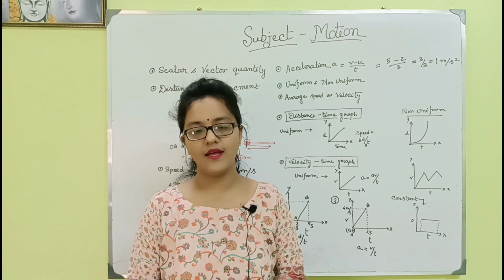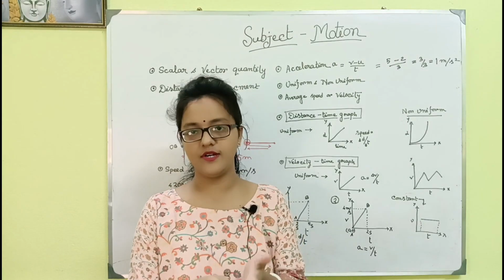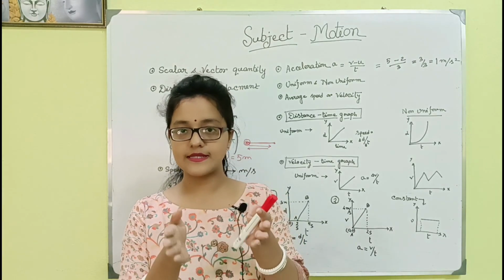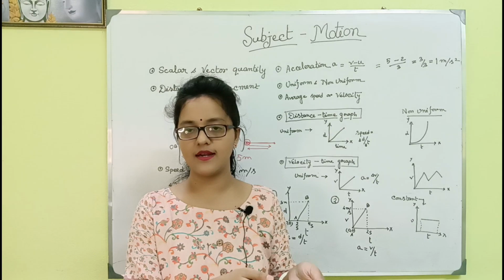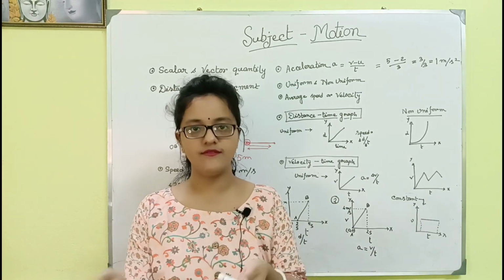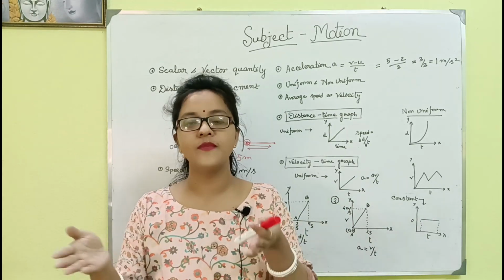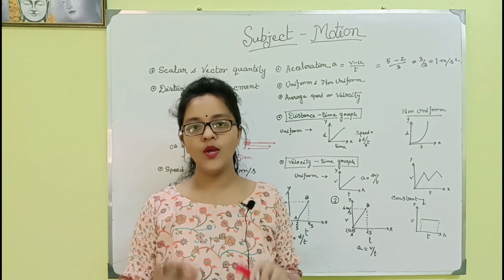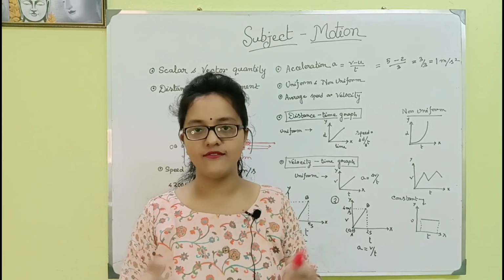Now the next point is about the average. We said before that there can be initial and final velocity or initial and final speed. So what is the average speed? What is the average velocity?